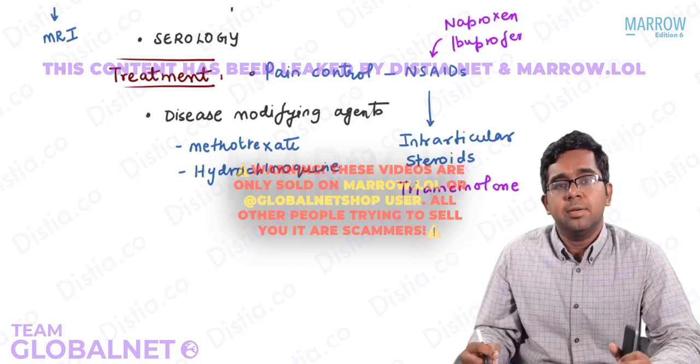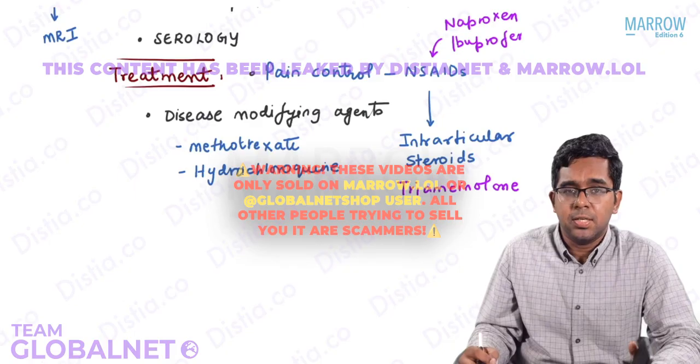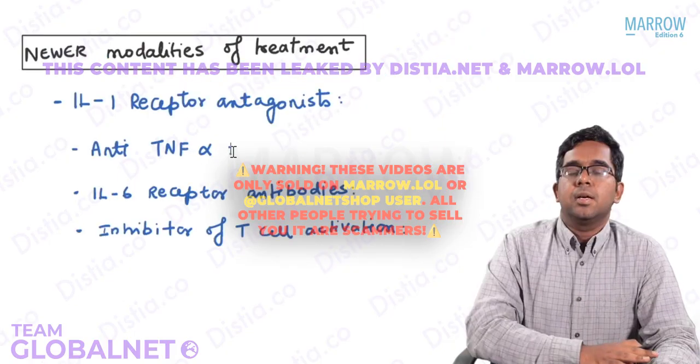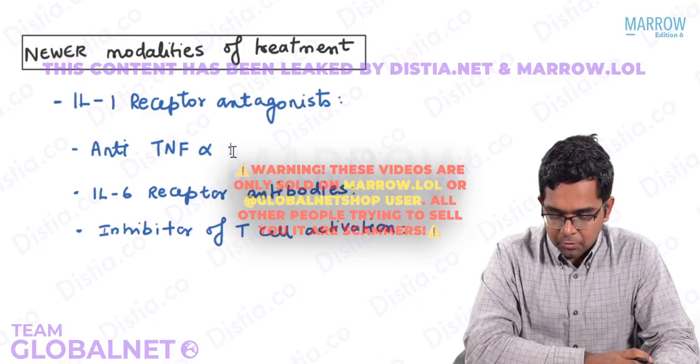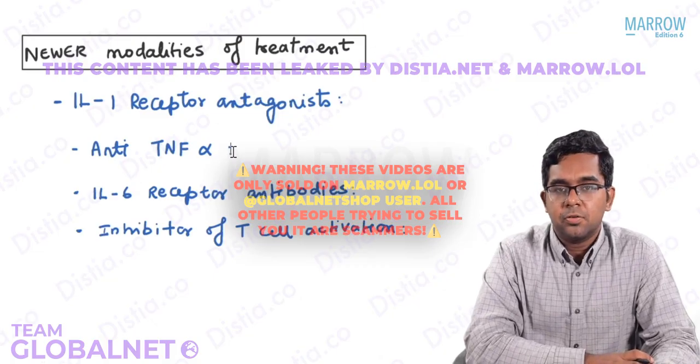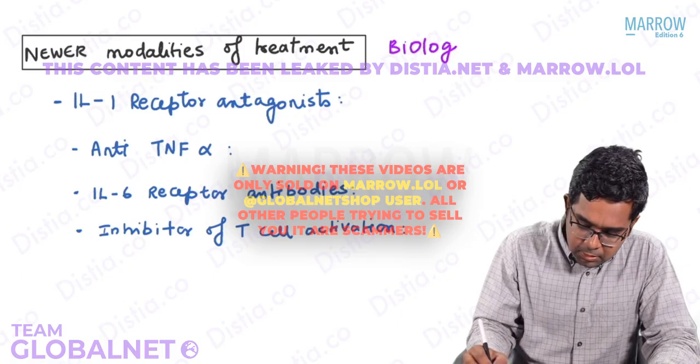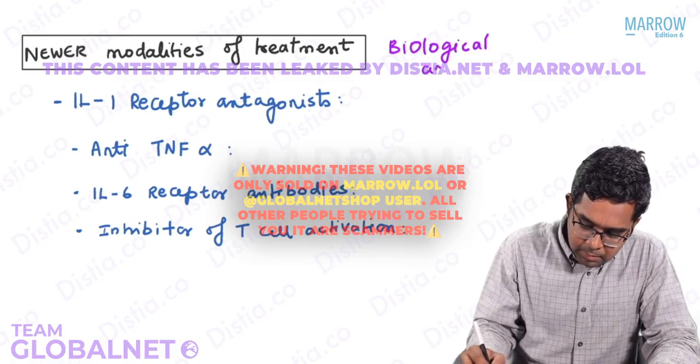These two agents have an immunomodulatory effect, that is why they are used as disease modifying agents in rheumatoid arthritis. And finally, you should also be aware of some newer modalities of treatment. They are also called biological agents in the management of juvenile idiopathic arthritis.